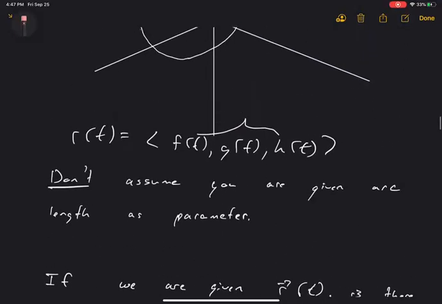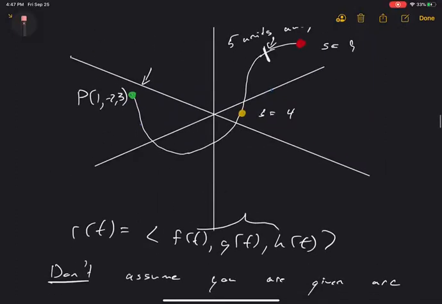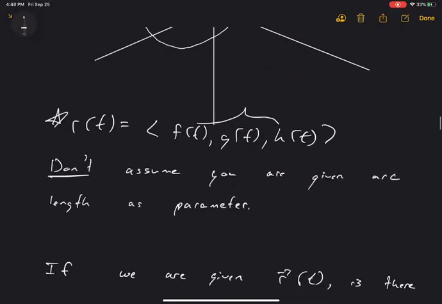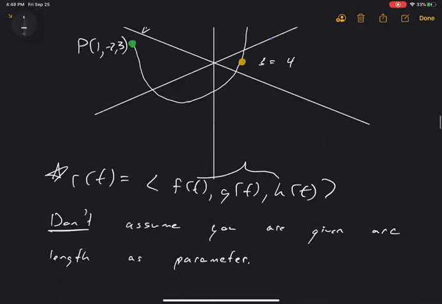And even before that, we want to be able to determine, if this is my function, is this in terms of arc length already? So for example, if I plug in 5 to my vector valued function, that's going to be F of 5, G of 5, H of 5.